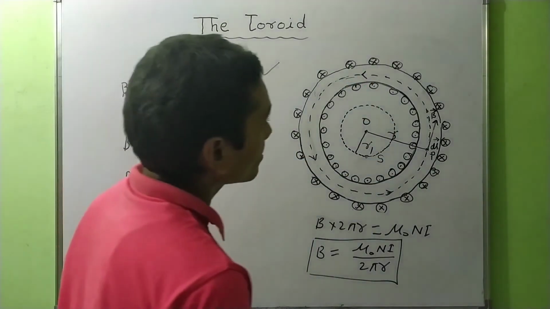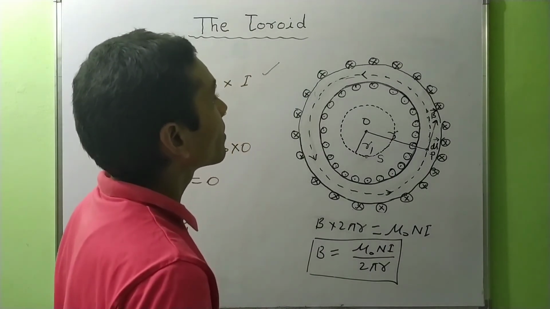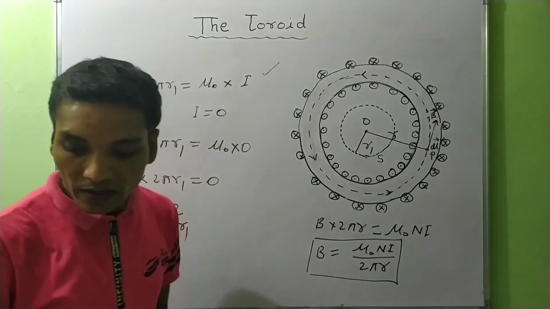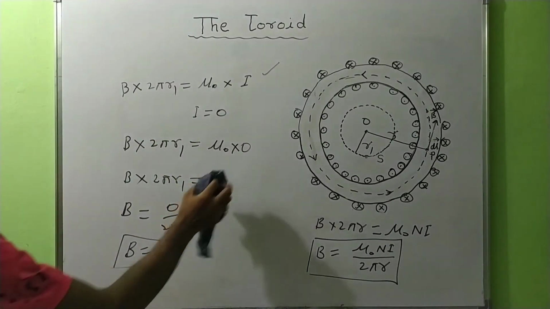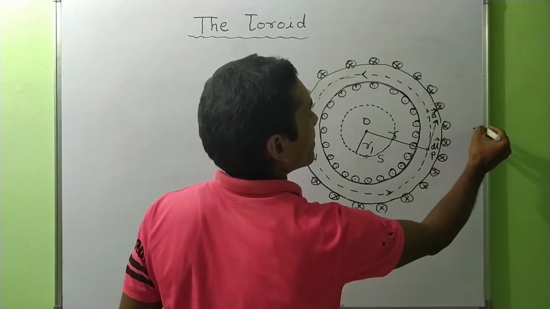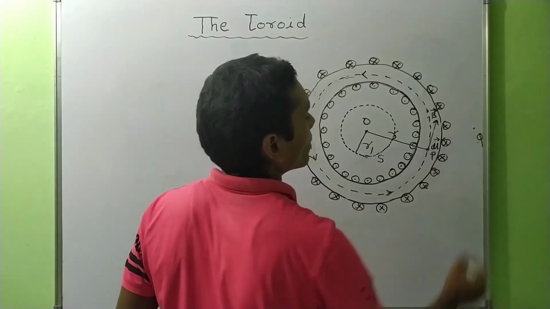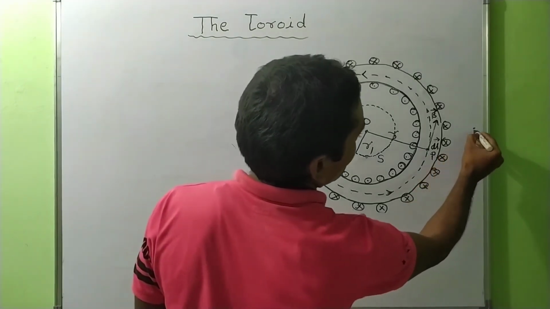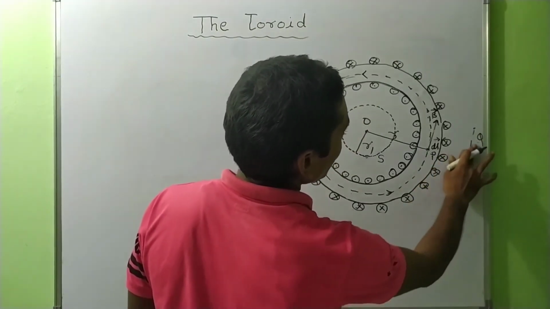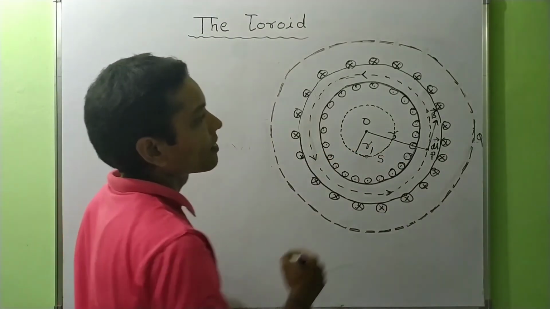Now we will discuss the magnetic field in the exterior space of this toroid. So what will it be? Let's consider a point outside the toroid. Let this point be Q. So draw the Amperian loop like that.